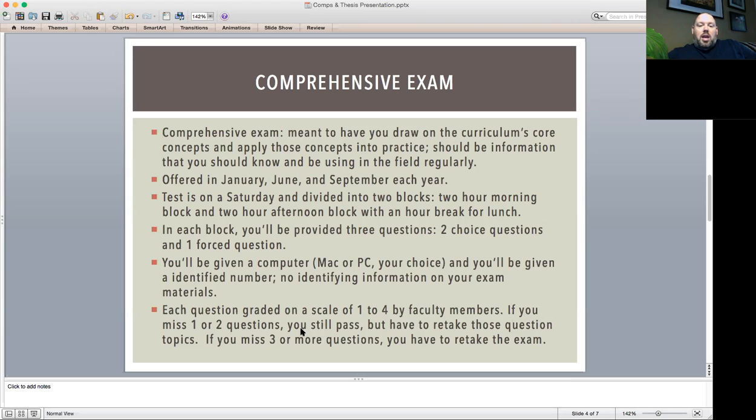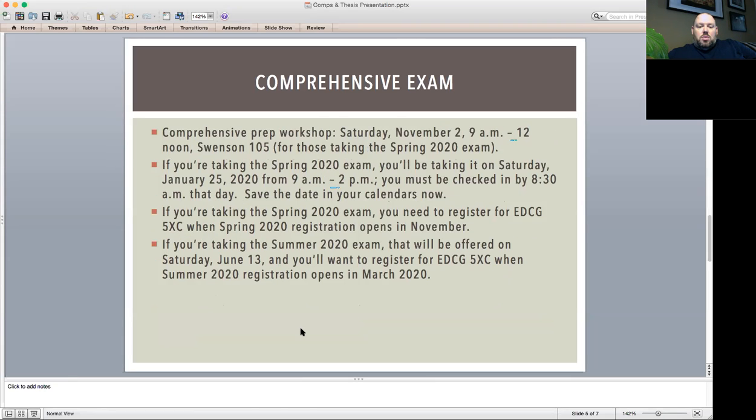You'll get 1A or 1B, and then a fourth question is number 2, and then 3A and 3B are choice questions. So technically in each block, you're given 5 questions, and you have to answer 3 of them completely.